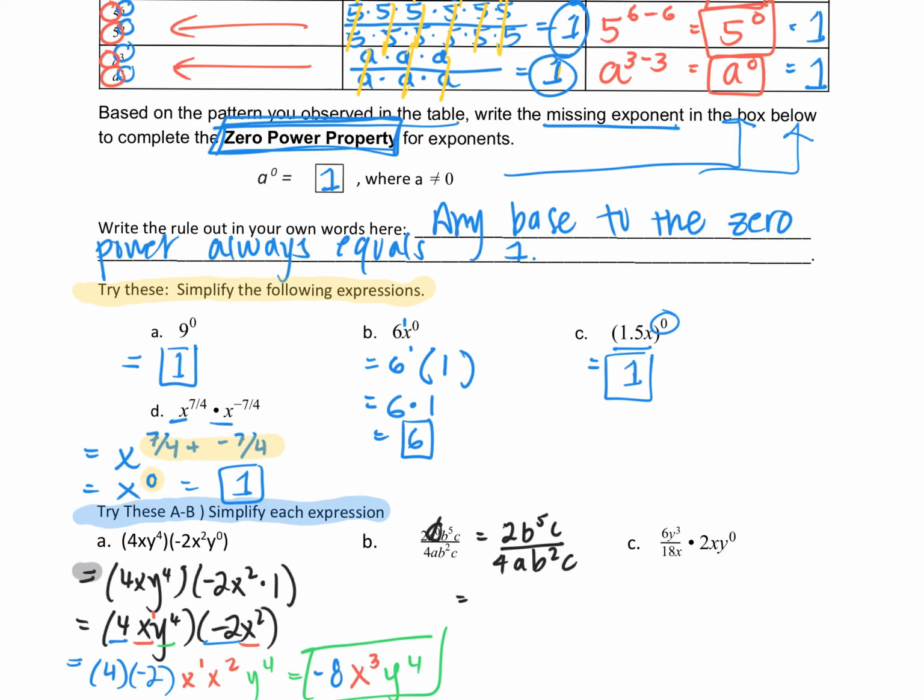Now for part A, I did it by using the rules. What if for part B, I started expanding it out? So 2, and then there are 5 b's: 1, 2, 3, 4, 5, and 1 c.